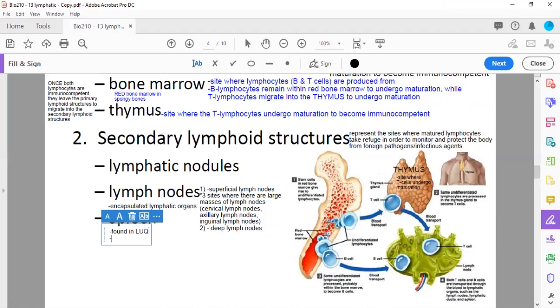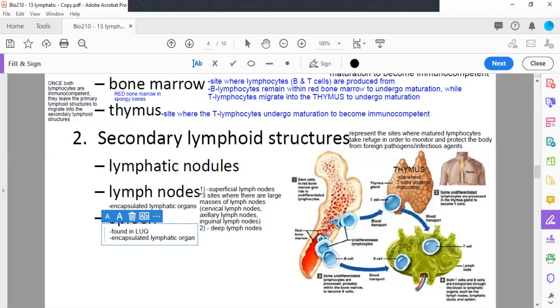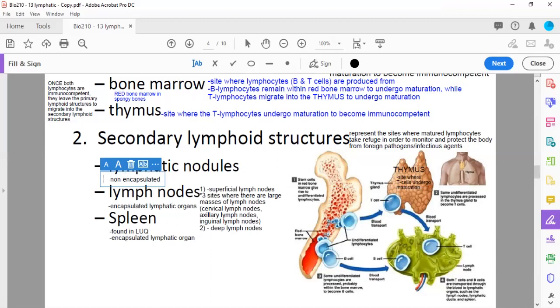Now, we know for a fact that a spleen is an organ. It's an encapsulated lymphatic organ. Organ, not organs. Now, lymphatic nodules are non-encapsulated masses of lymphatic tissues.